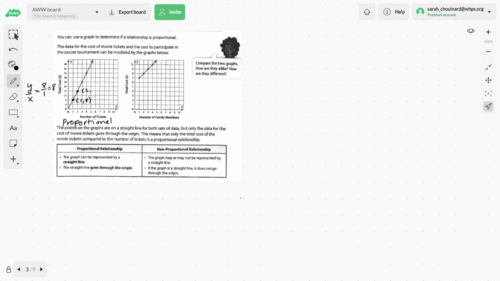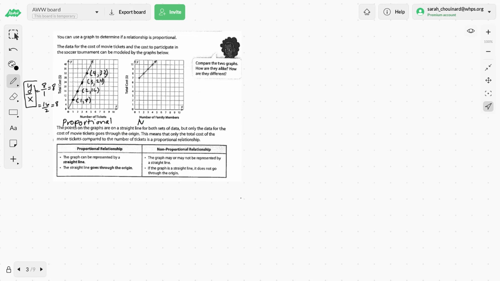Or the next coordinate is 2, 16. 16 divided by 2 is 8. So notice each of these points are pretty much the same coordinates or the same ratios that we did in the table, all of which, when we do y divided by x, gives us the same number.